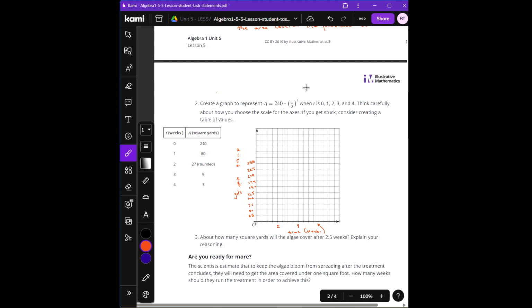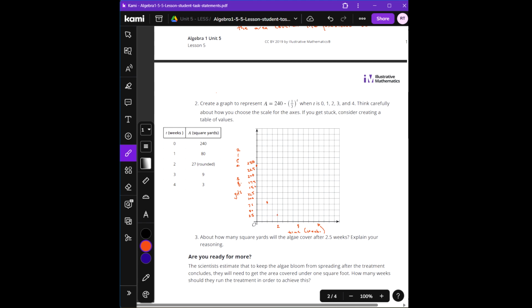Okay, and so at 0 weeks, okay, we know that we're at 240. Okay, and that's going to be about there. Okay, and then when we go down to 1 week, okay, which is here, we're going to be at about 80. Okay, and so that's going to be about here. And then for the next one, 2, we're going to be at 27.